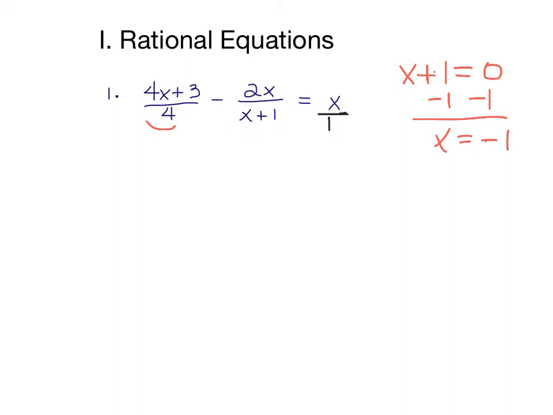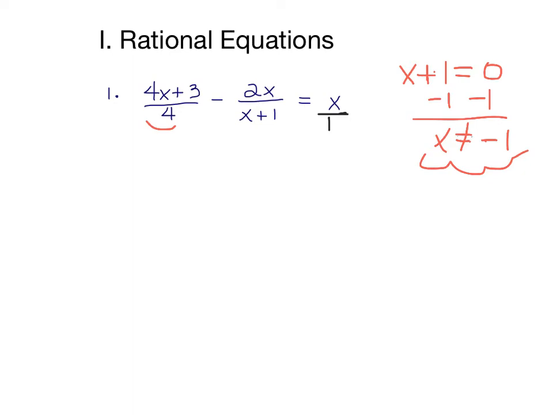So if, once we solve our problem, it ends up being x equals -1, then my answer is no solution. So this is my little disclaimer that x could be any number except -1. So let's go ahead and try and solve our problem.